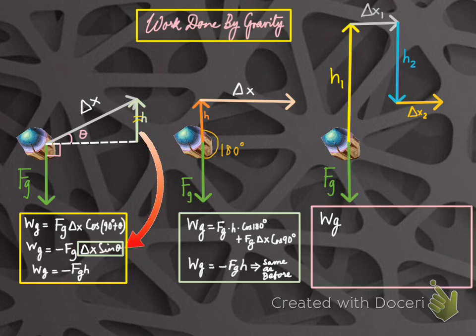We draw the force of gravity. Now, the work done by gravity will be the sum of the work done by the gravitational force as the block goes through each of the 4 displacements, all of them summed up together.